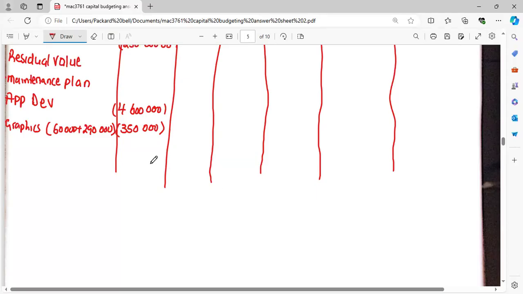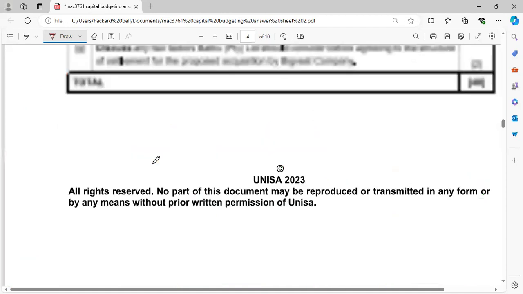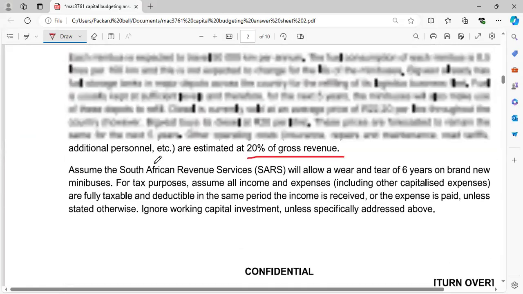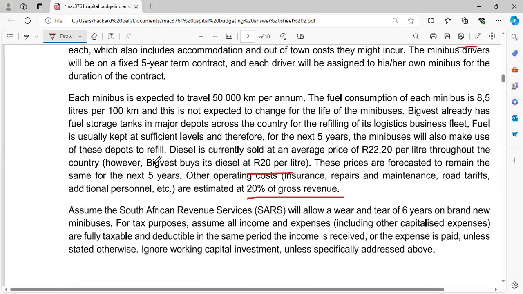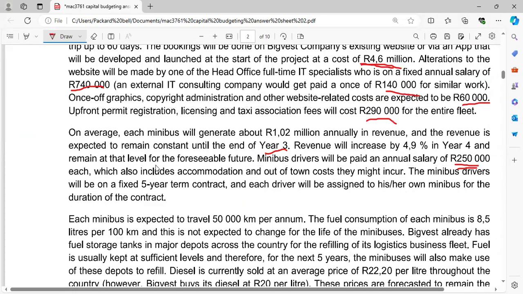Right, let's continue with our identification. This is the most important part when you are answering your questions, to identify each and every part that needs to be included in your capital budgeting calculation. Right, then let's look at this paragraph.